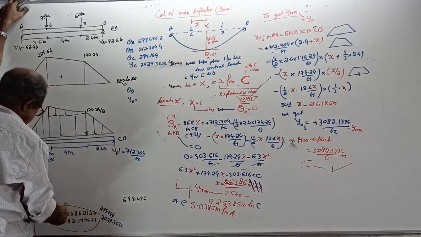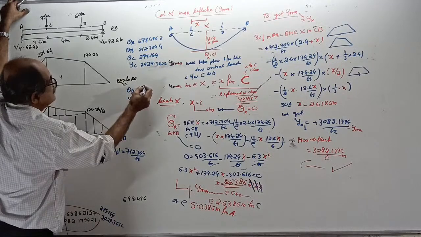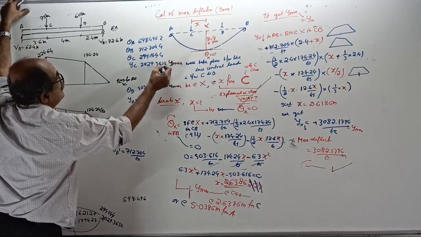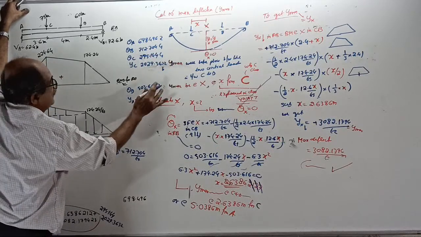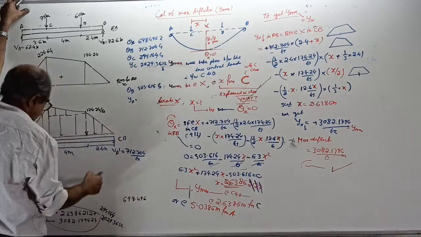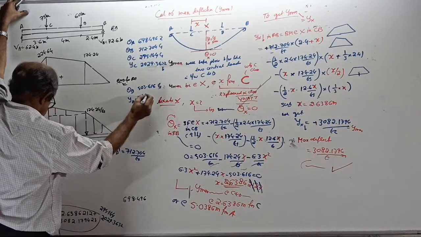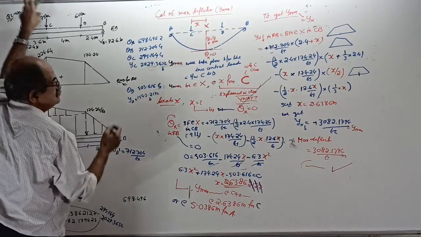Whatever answer I got here will come there, theta D: 503.616 clockwise. Theta D is anti-clockwise. Deflection at D is 1543.2192 by EI, down.